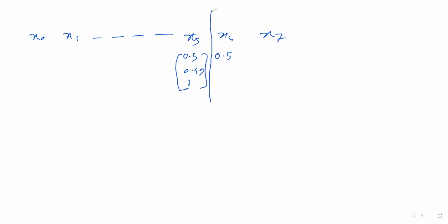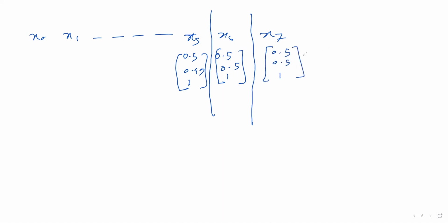And x6 looks like 0, 0.5, 0, 0.5, and 1. And interestingly, x7 is 0, 0.5, 0, 0.5, 1. So technically, we have converged into something, and this final vector is our dominant eigenvector.